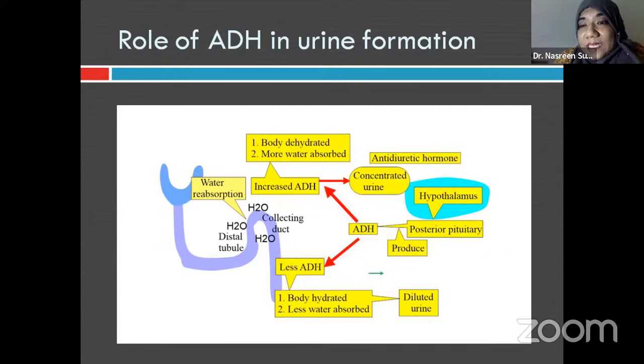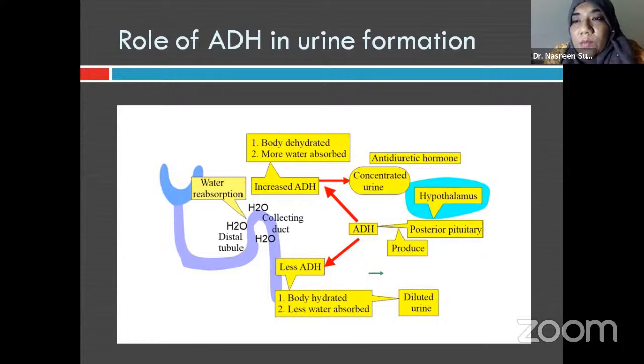This hormone is released from the posterior pituitary gland. What happens is when there is dilute urine and frequent urination is taking place, immediately your hypothalamus will give a signal to the posterior pituitary gland to release ADH.